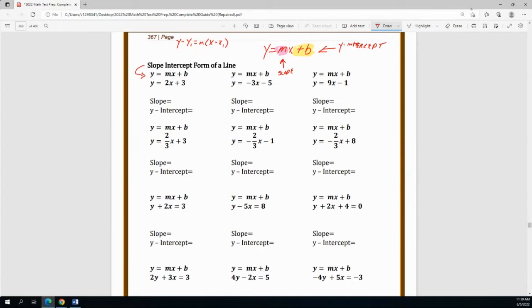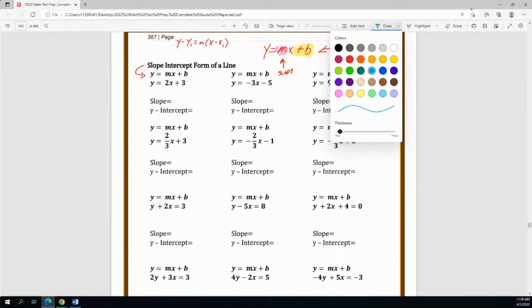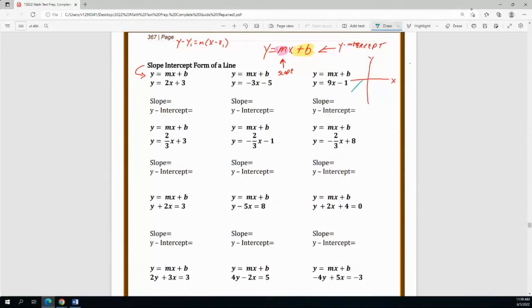Let me show a picture. If I draw a little graph or coordinate plane, this is my y, this is my x. Let's say I have a line. I'm going to draw a line. The y-intercept means, you see my blue line here?